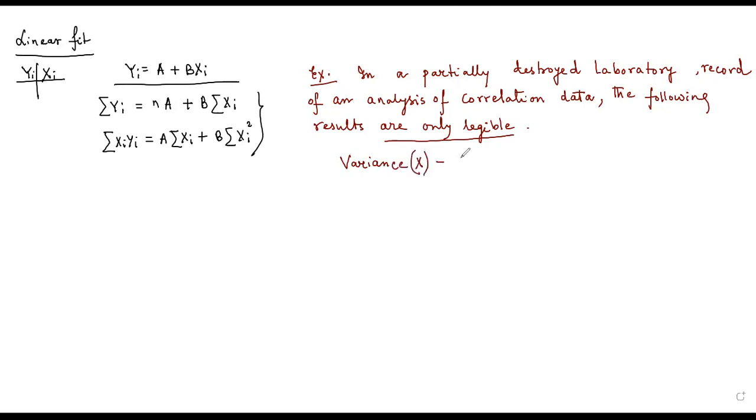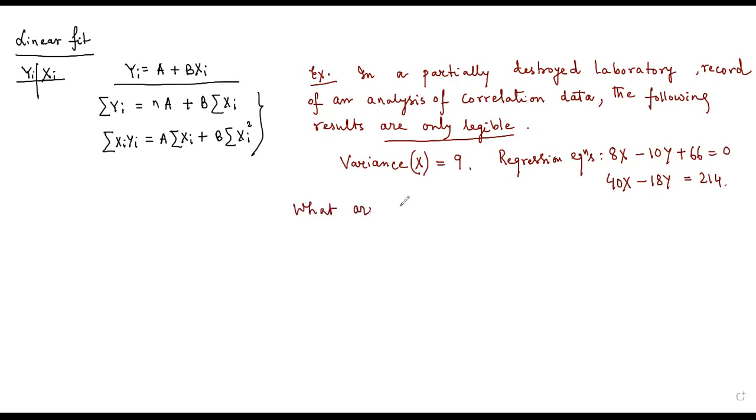Variance of X is 9. Regression equations are given to be 8x minus 10y plus 66 is equal to 0, and 40x minus 18y is equal to 214. Now the question is, if this much data is retrieved from the partially destroyed laboratory, what are the mean values of X and Y?